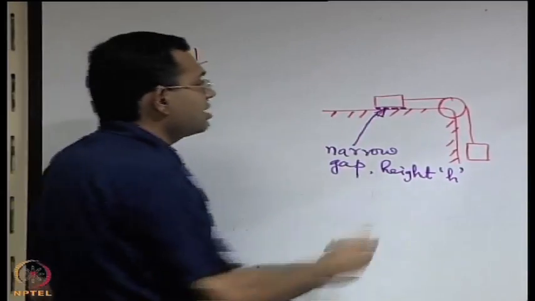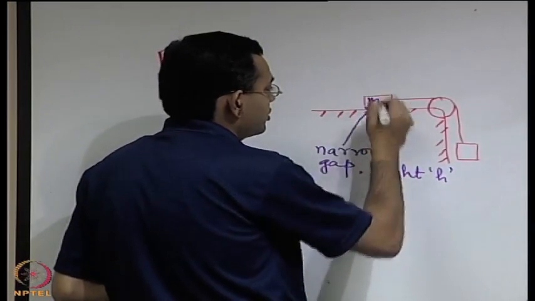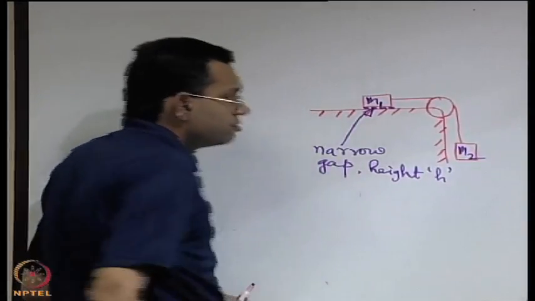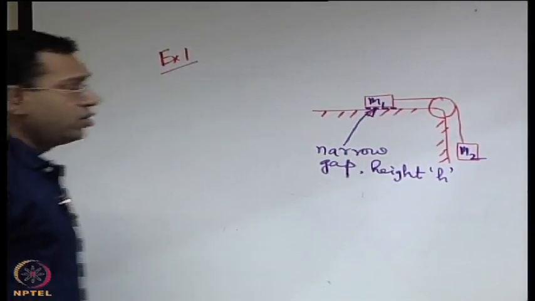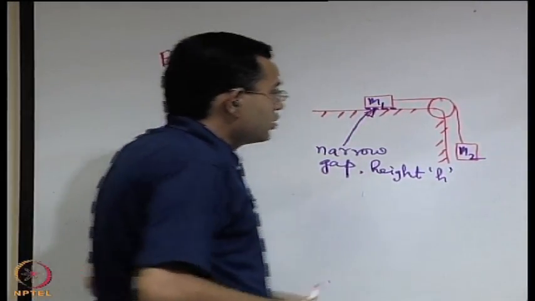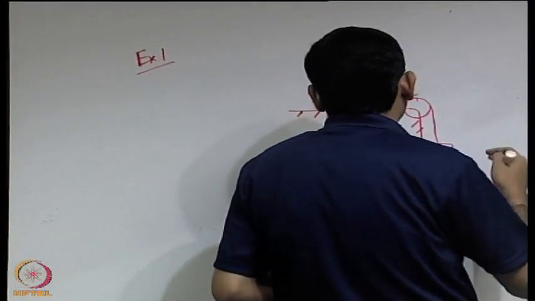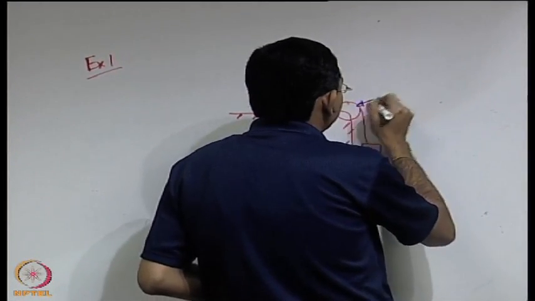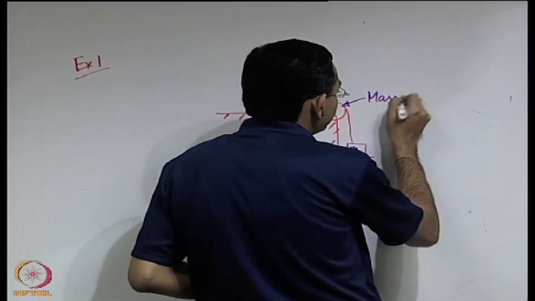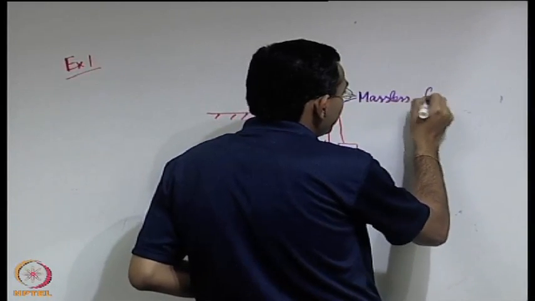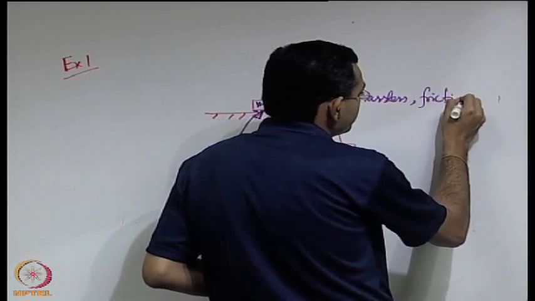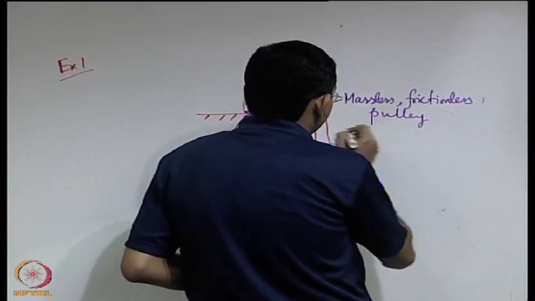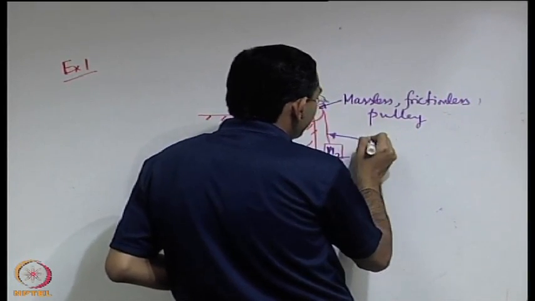Let us say that mass of this is m1 and the one that is hanging is m2. We make further statements that this pulley is massless and frictionless and also this string is inextensible.